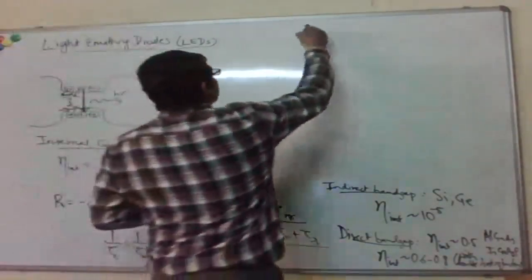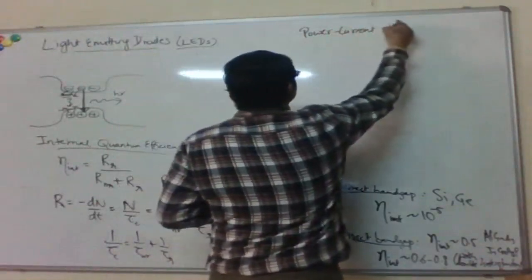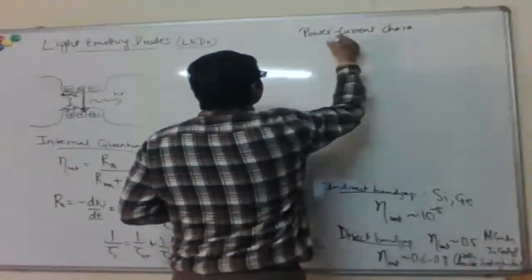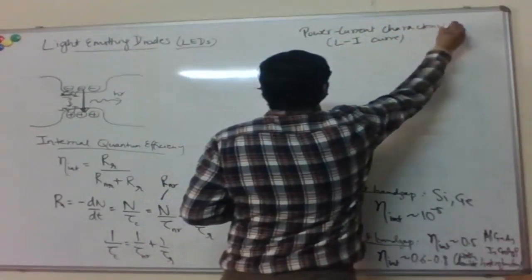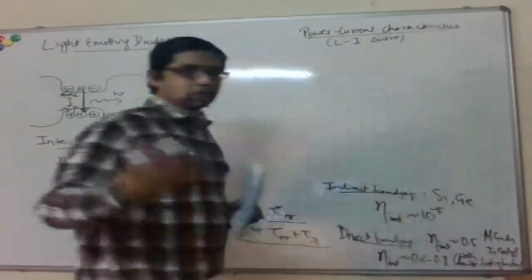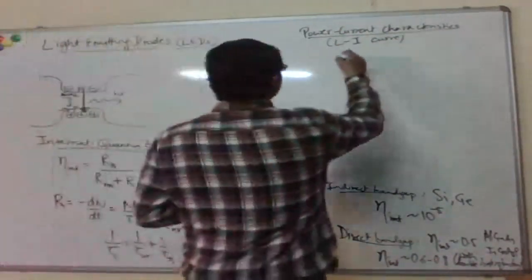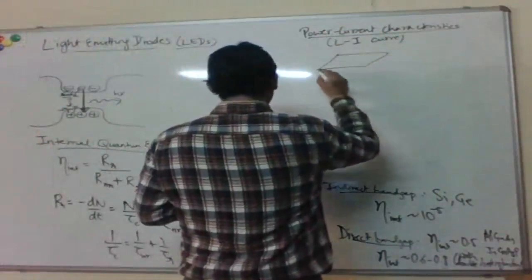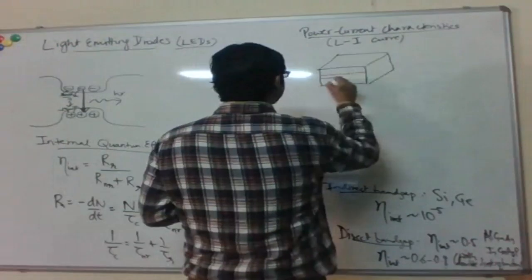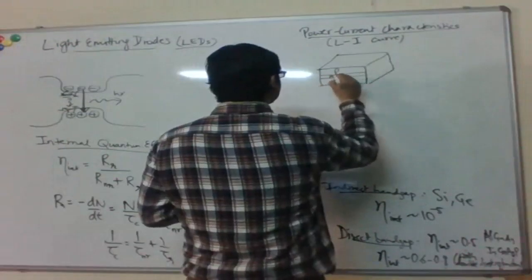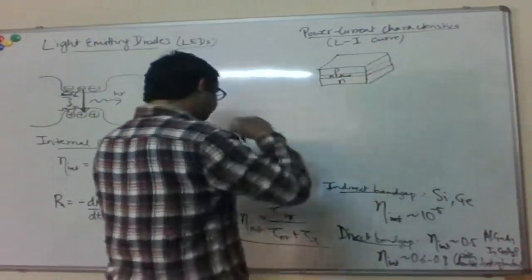Okay, so let's look at the power current characteristics, also known as the LI curve. Right, so how much light do I get out of the device if I pass a certain current through it? So this is my device, P, N, and then a thin active region in the middle, right?